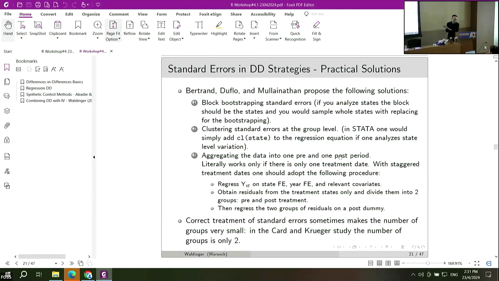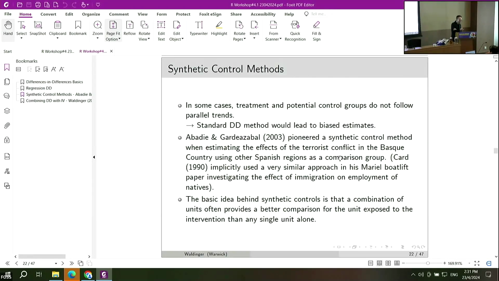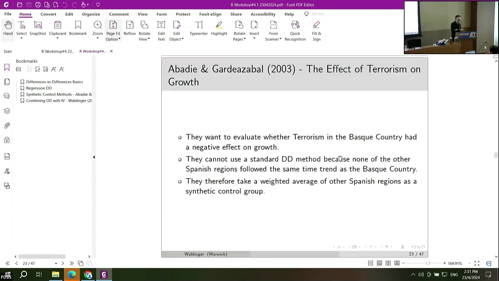So this is another, a bit more advanced difference in difference, dealing with the standard errors with different strategies, a practical solution. You can look at that later on. I think this is most straightforward to understand in some way, but also a bit challenging if you don't have the fundamental understanding of difference in difference as of yet.